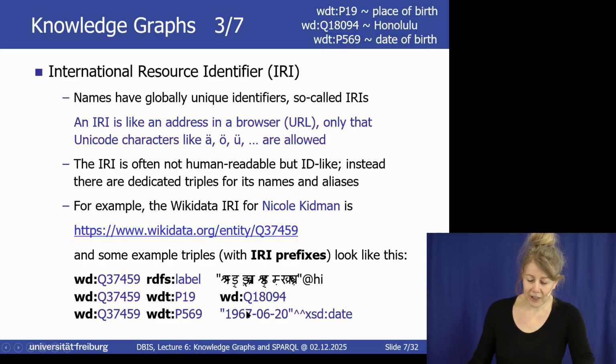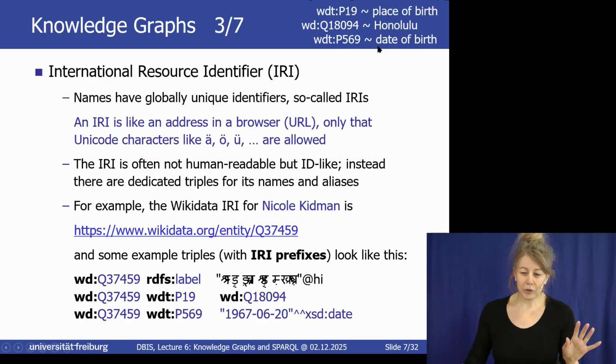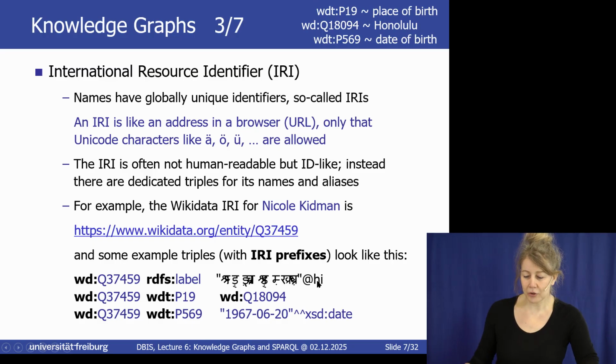And you can also have literals or strings on the right-hand side, even with a type. So in this case, it's a string and says this is a date, and this is her birth date. Any question about this so far? It's the same thing as in the simple example, just using these IRIs and types and language tags here. Any question about this?